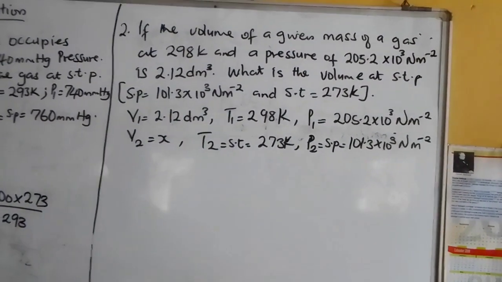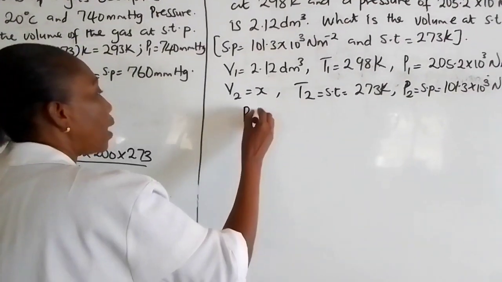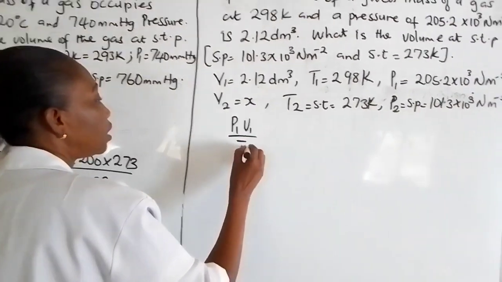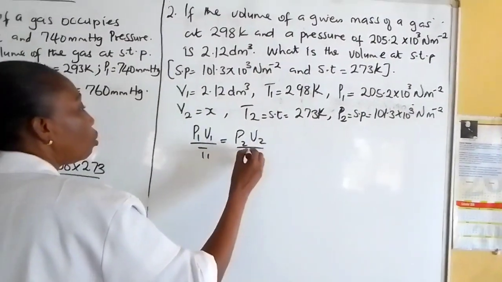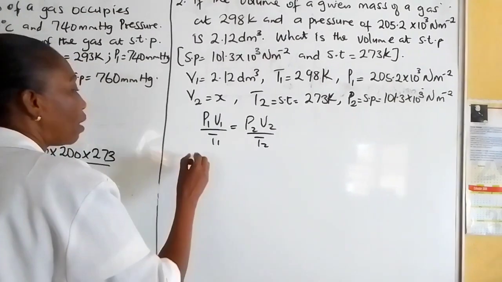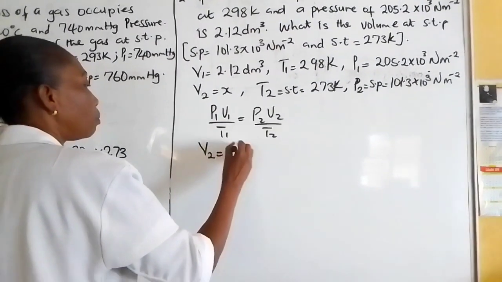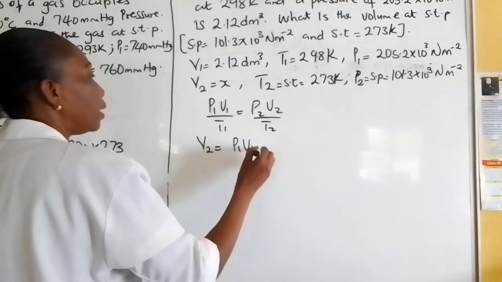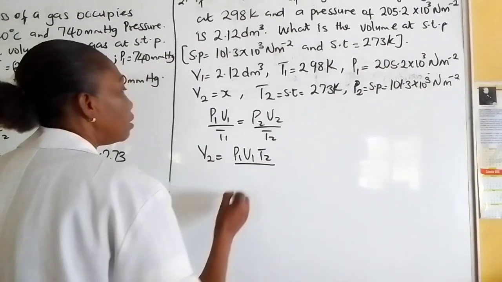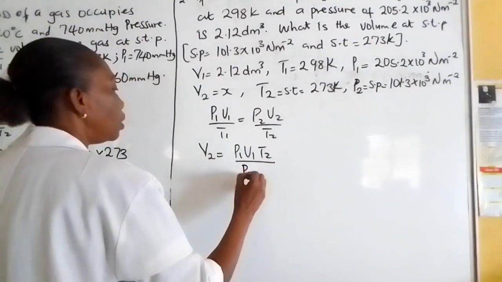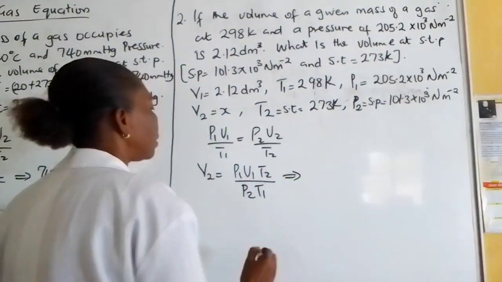Now we apply the general gas equation. P1 V1 over T1 equal to P2 V2 over T2, making V2 the subject of the formula. V2 is P1 V1 T2, cross multiplying, divided by P2 T1. Then we apply the figures.